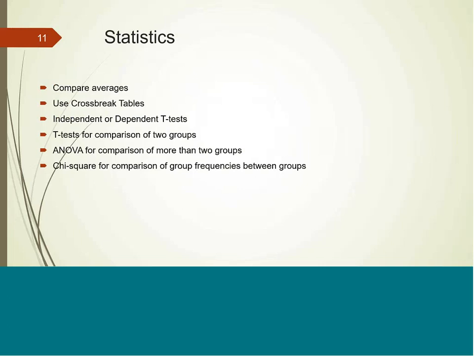You use the t-test for comparison of the two groups, the ANOVA for comparison of more than two groups. So your analysis of variance is used to determine if there is a significant difference in three or more groups. And the chi-square for comparison of group frequencies between groups. And then you can make inferences about these results. Next slide, please.